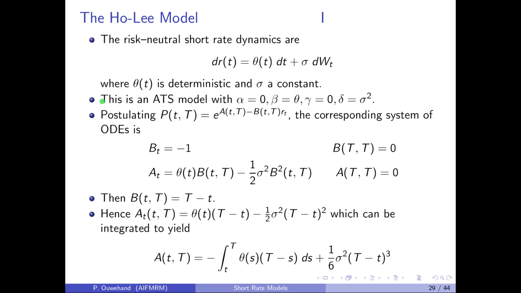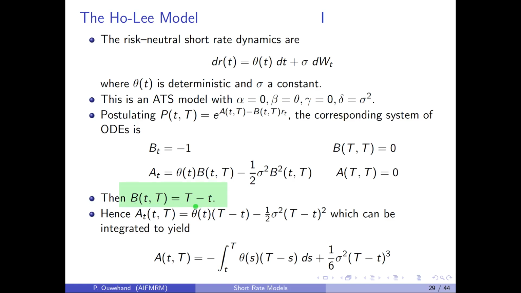If we write zero coupon bond prices in the affine form, then the corresponding system of ordinary differential equations for capital A and capital B are given as follows. Now, the differential equation for B is particularly simple, and together with its terminal condition, it's easy to see that the solution is given by the following expression here.